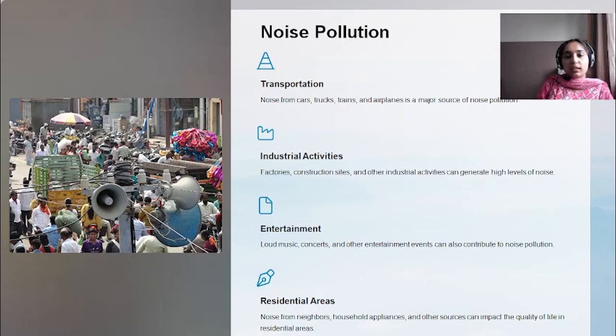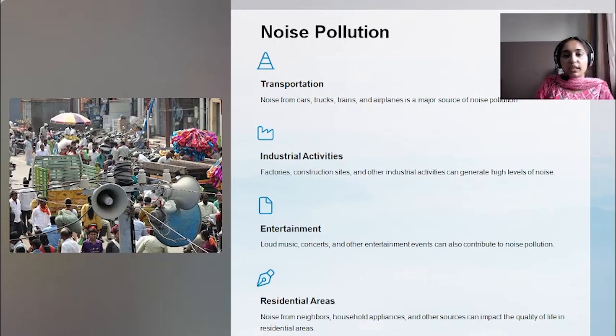Next is industrial activities. Factories, construction sites, and other industrial activities can generate a high level of noise. Some factories are in metal production and other large scale industries, which create lots of noise while producing their materials, and those noises are not bearable.